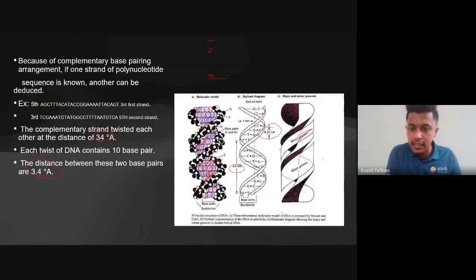If you take an X-ray of our DNA, you can see a light band of this much width, and another light band of this much width. At one point I can see this much, and at another point I can see something like this. Why does it happen?